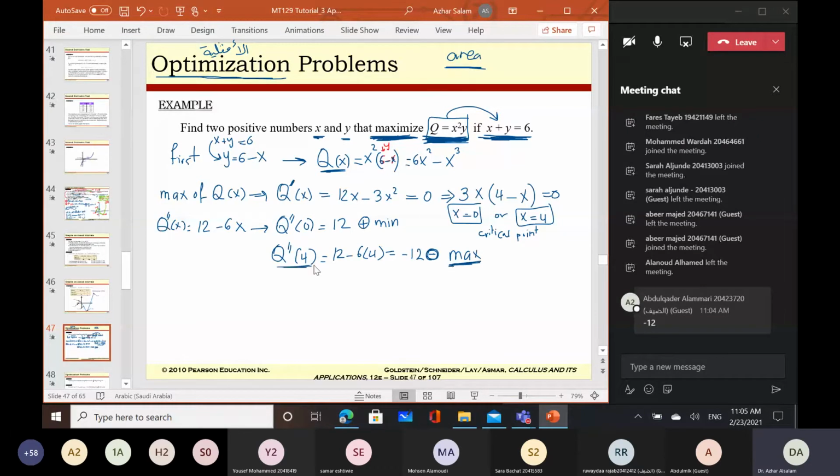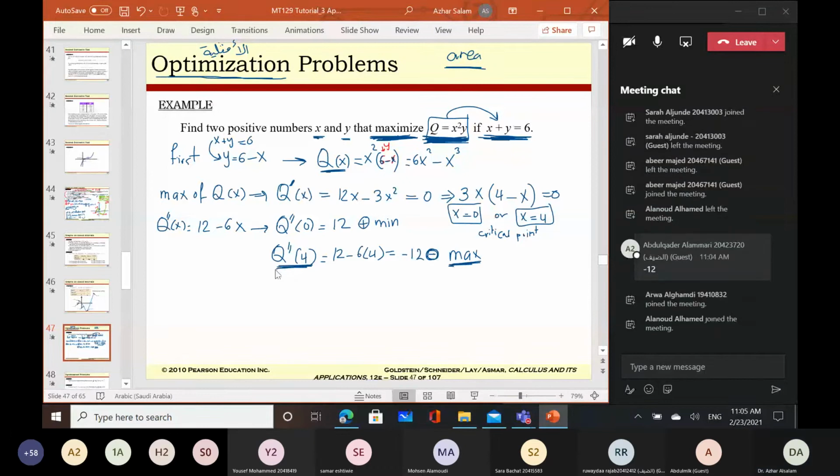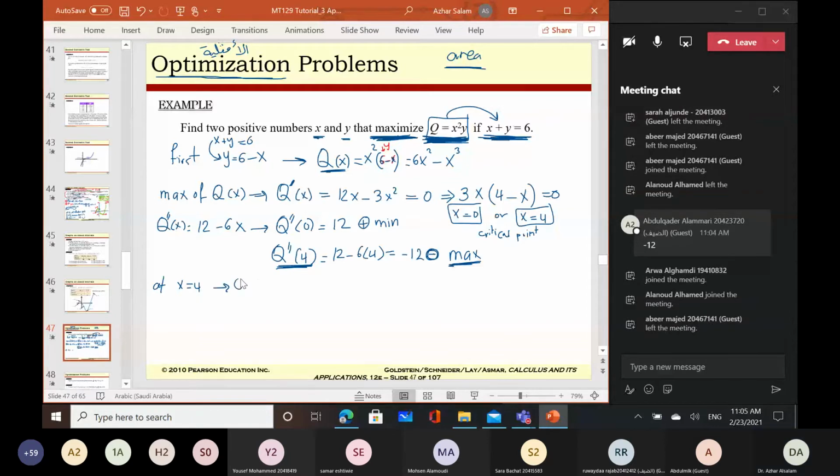So here's my point, at x equals 4. At x equals 4, Q of x is maximized. I still need to find y, since the question is find x and y. How to find y? From here. I substitute here x plus y equals 6, or immediately here to find y.